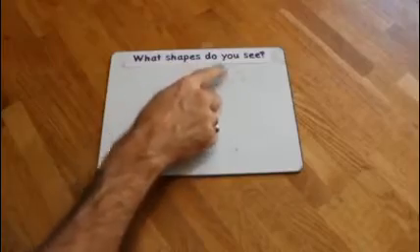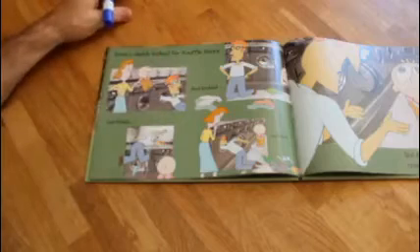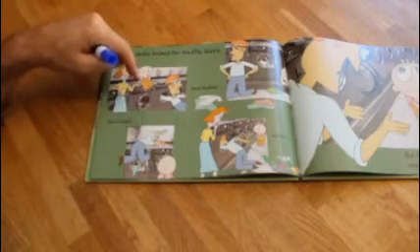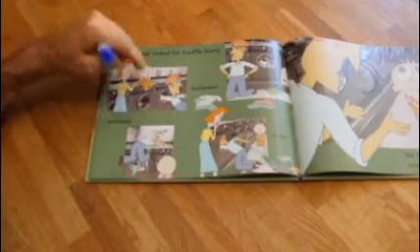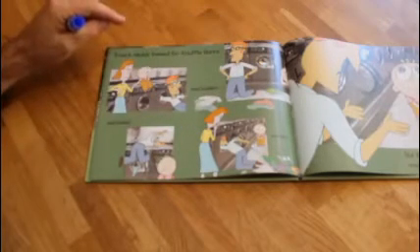What shapes do you see? Okay, we're back in Knuffle Bunny. Let's take a look here. So this is cool pictures because it's real photographs, also with cartoon drawings. So I'm looking again at the front of a washing machine, and that's got the circle door and circle window. If you look at the knobs on the machines, they're circles too.